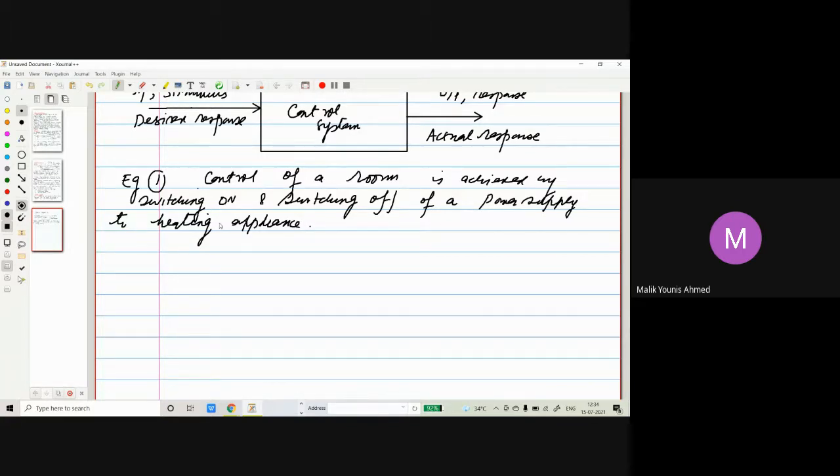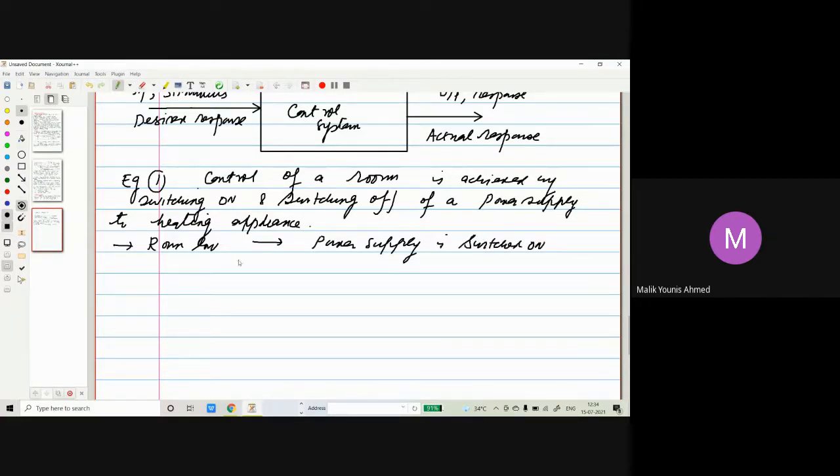Now first, the power supply to the appliance is switched on when the room temperature is felt low. Now if we have room temperature low, what will happen? The power supply is switched on.